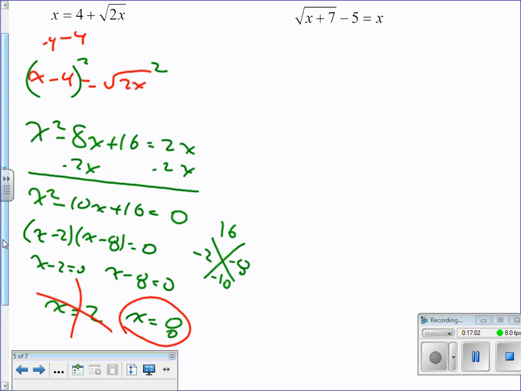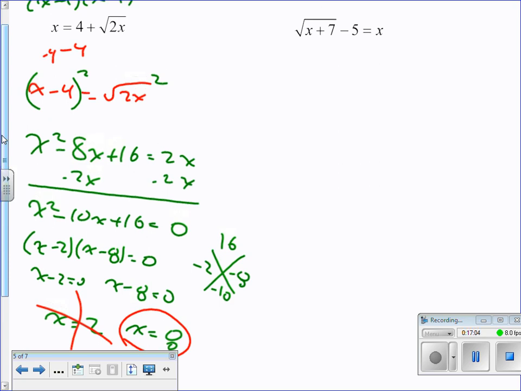Let's do another one of these together. Same idea. Your first step is to add 5 to both sides. Square root of x plus 7 equals x plus 5. Now I have the square root by itself, so I square both sides.